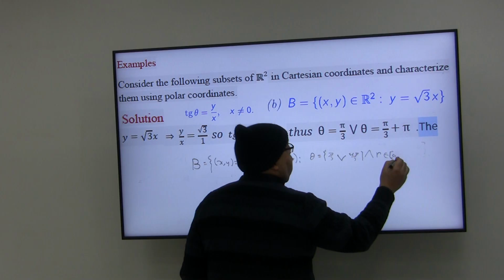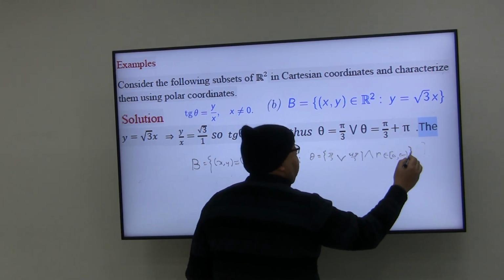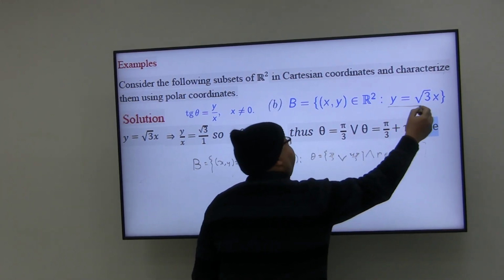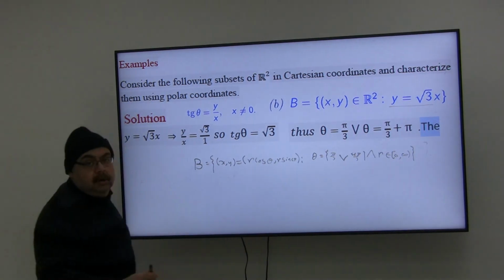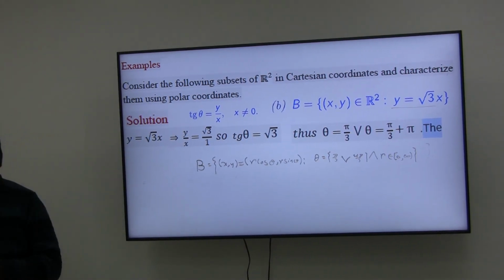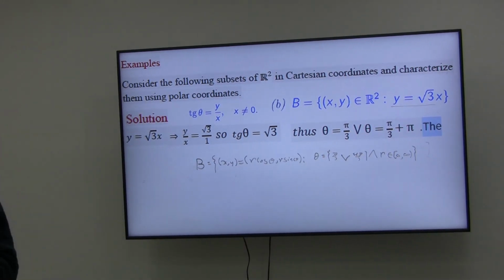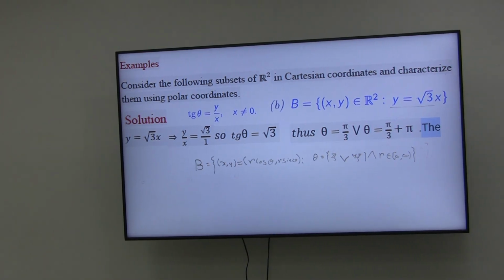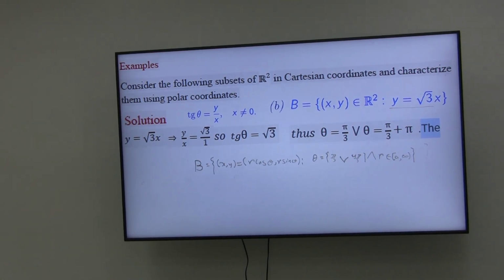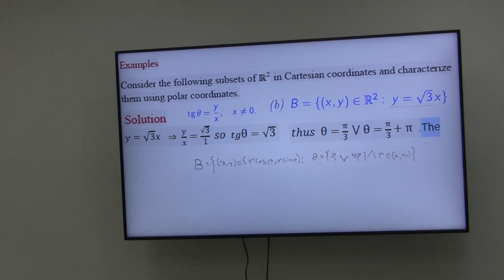That's the representation of this equation in polar. And that's the answer to the famous question, characterize the given equation. Okay? You know that I can read minds.